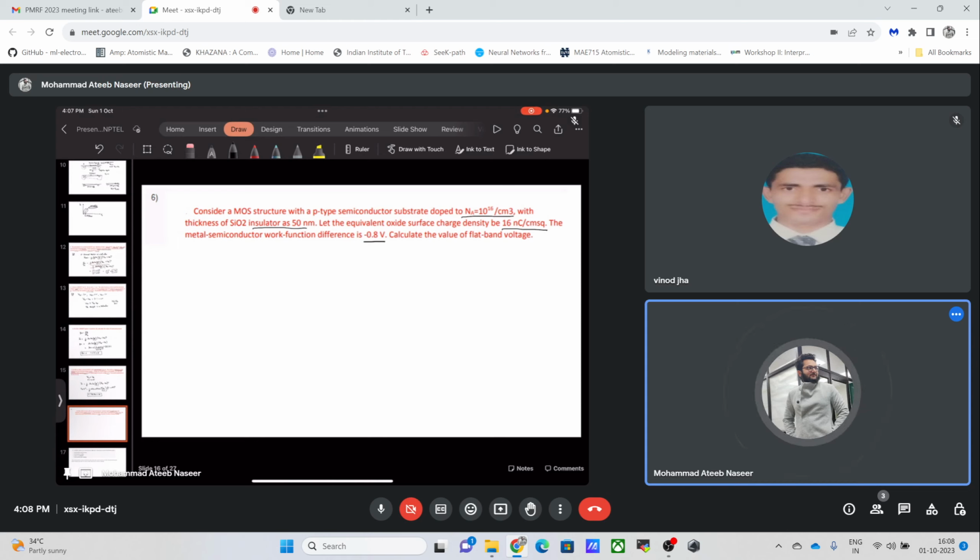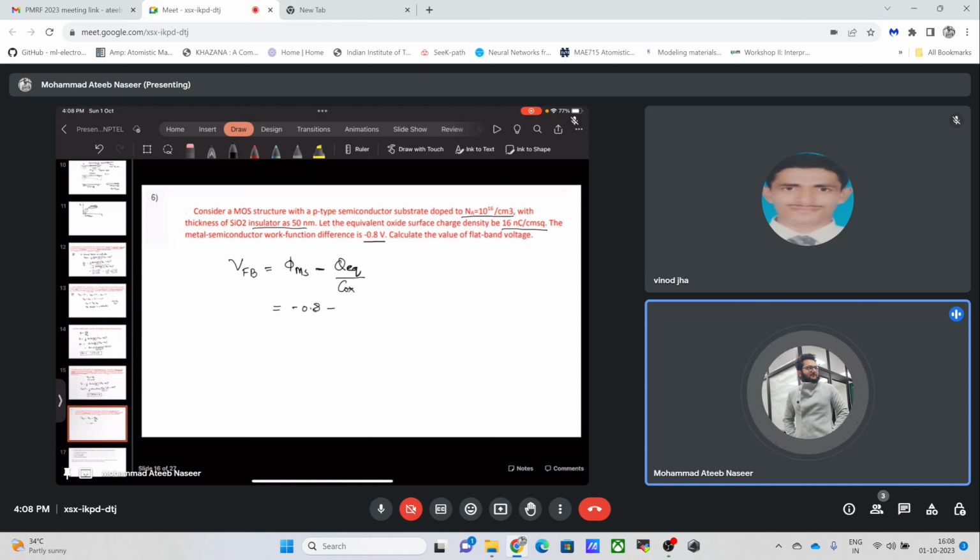The flat band voltage, we have seen with the oxide trap charges whenever we had this MOS cap. We saw that this flat band voltage is simply equal to phi ms minus the charge divided by the oxide capacitance. The phi ms in this case is minus 0.8, and the charge density is in nanocoulomb per centimeter square, the surface charge density.